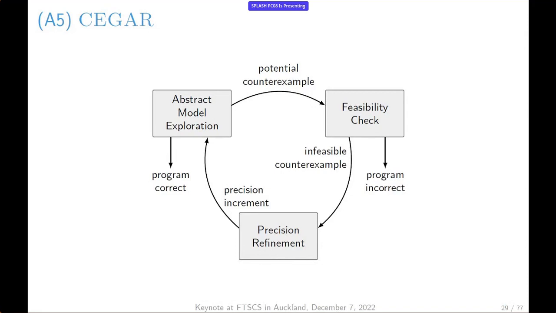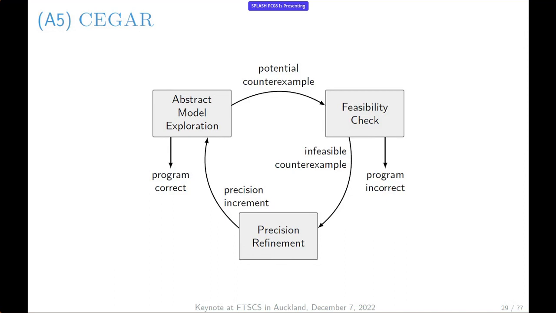So the program is given as input to a so-called abstract model exploration. And this component explores the program and tries to find either a correctness proof or an error path that violates the specification, right? If it finds the correctness proof, then we are done. We can spit out the correctness proof and finish.